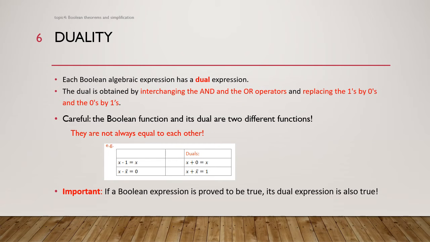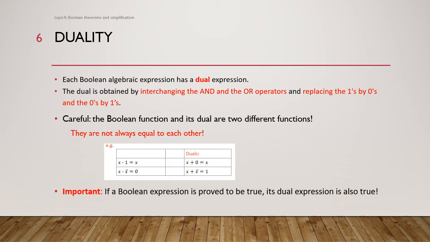Before we talk about the rest of the laws and the theorems, let's first talk about the concept of duality. For each Boolean algebraic expression, it has a dual expression.